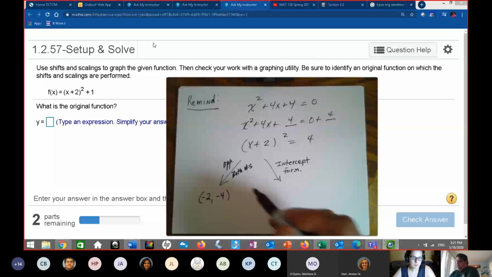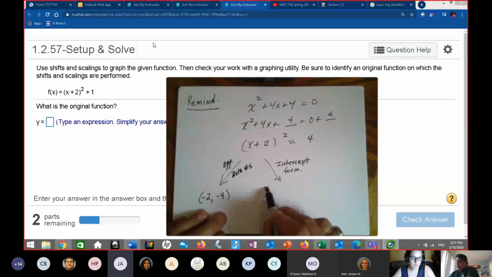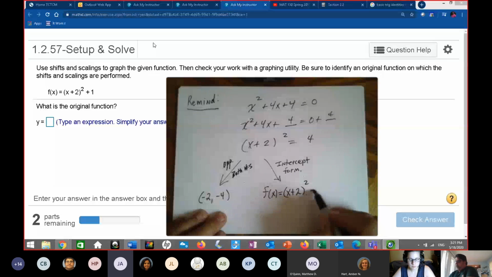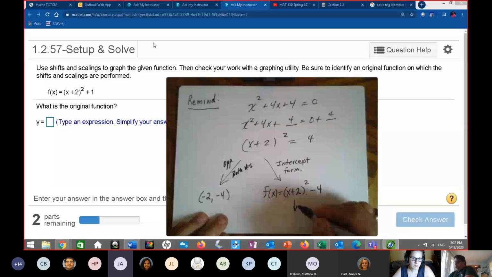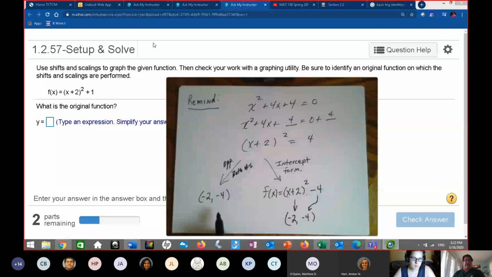So that's going to be f of x is equal to x plus 2 quantity squared minus 4. Now, when you have it in intercept form, you can just take the opposite of the 2, which is -2, and bring down the -4. Either way, do you get the same answer?